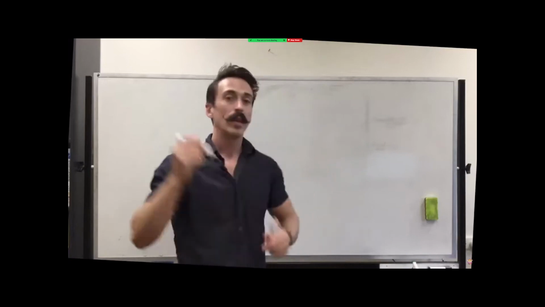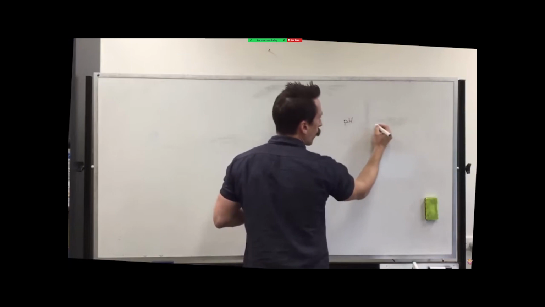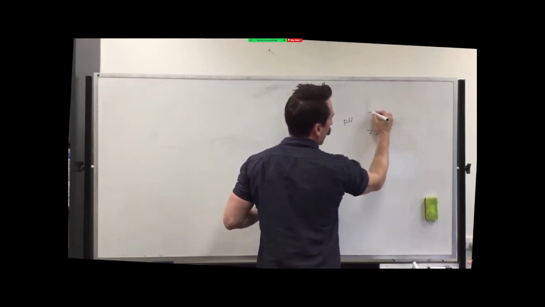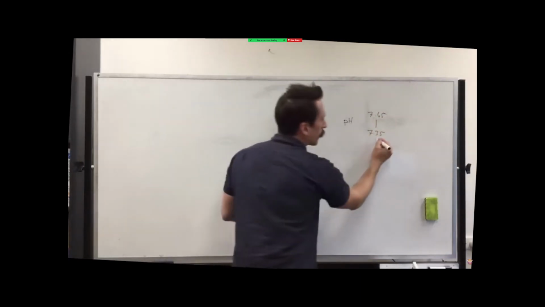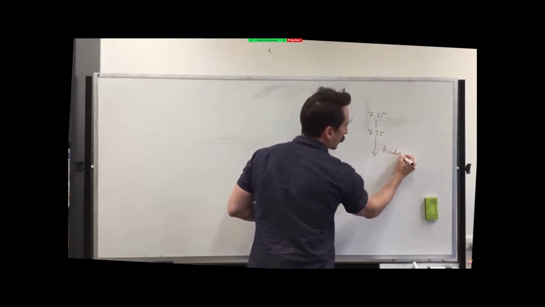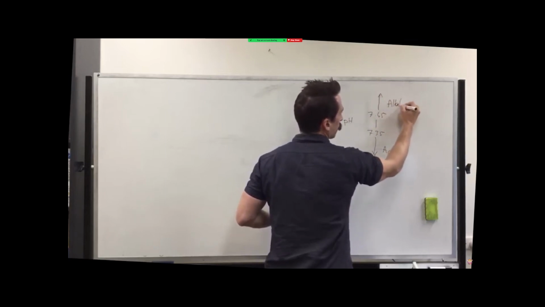Like I said before, your blood pH needs to sit between 7.35 and 7.45. If it goes below this range, acidosis. If it goes above this range, alkalosis.